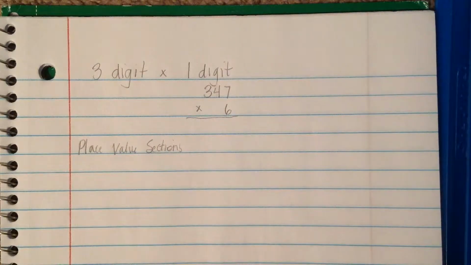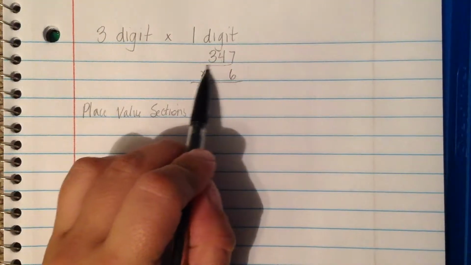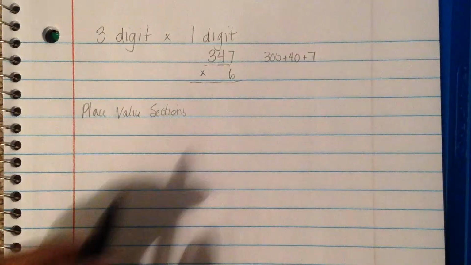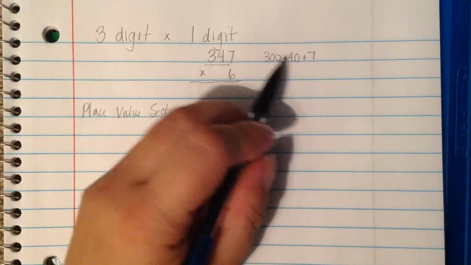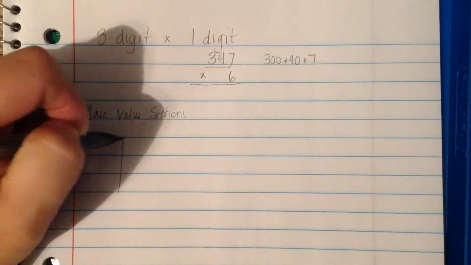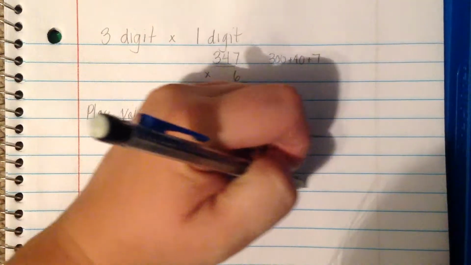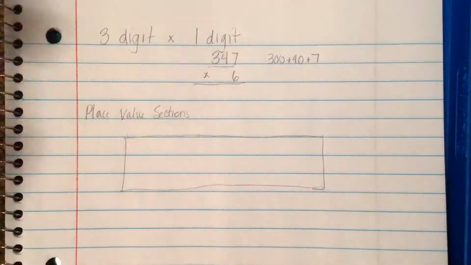Remember, with place value sections, I'm going to draw an area model. Because I'm going to decompose this number to 300 plus 40 plus 7, I'm going to need 3 boxes. 1, 2, 3. So as I draw my area model, I need to remember to break my boxes into 3 sections.